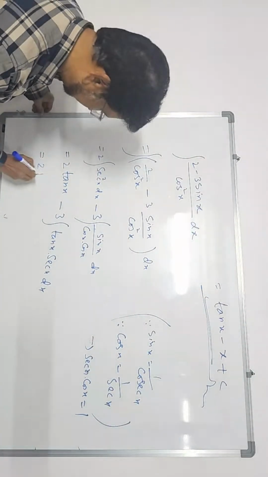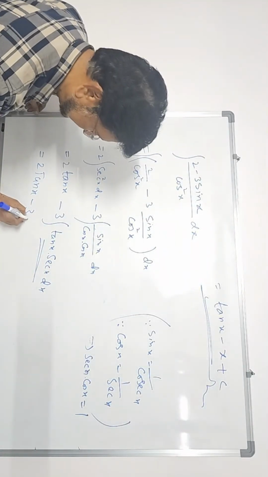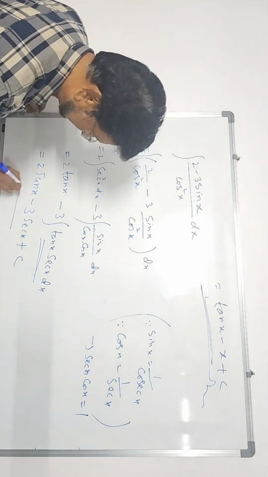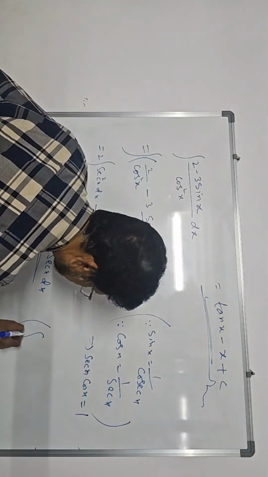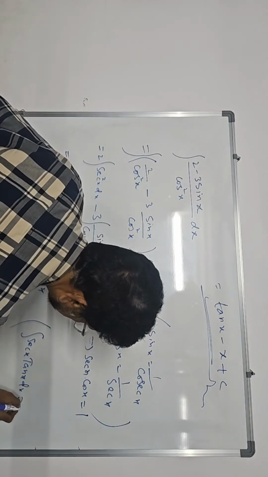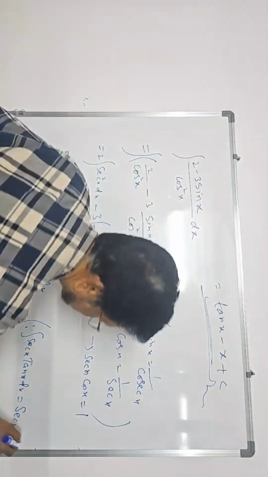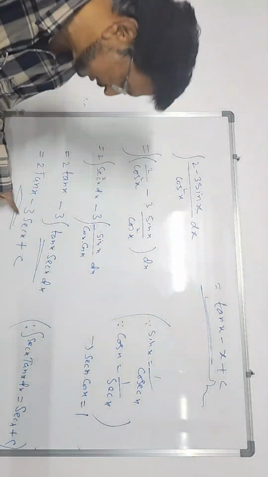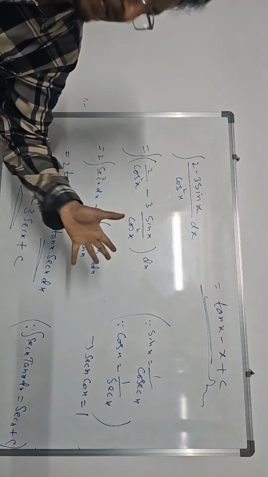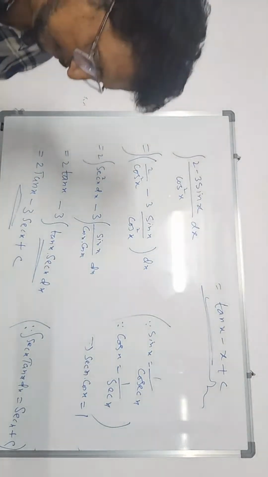Therefore, the answer I will write: 2 tan x minus 3 sec x plus c. This is the answer. The integration of sec x tan x dx is equal to sec x plus c. This is the formula. Because of this formula, we are able to write the last step. This also needs your trick or mind to solve it.